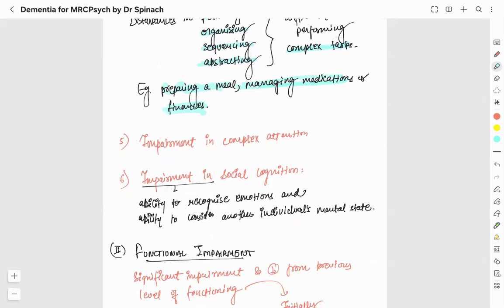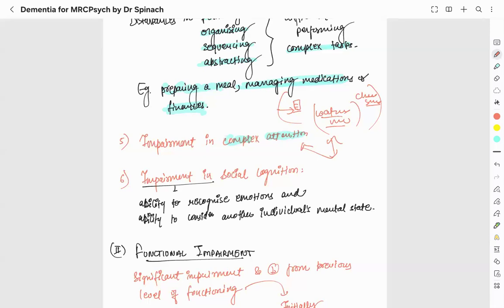Then we have impairment in complex attention. For example, if a patient is watching a movie and then a postman comes to the door and there are children shouting as well, with all of this the patient will not be able to focus their attention on one task.